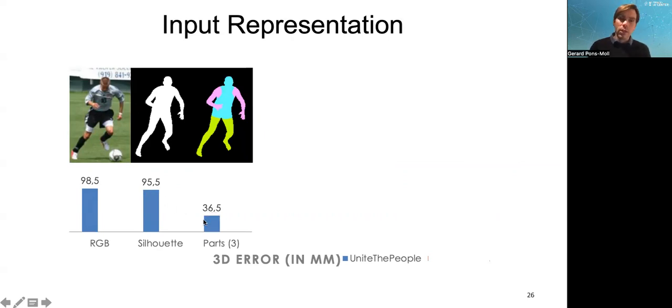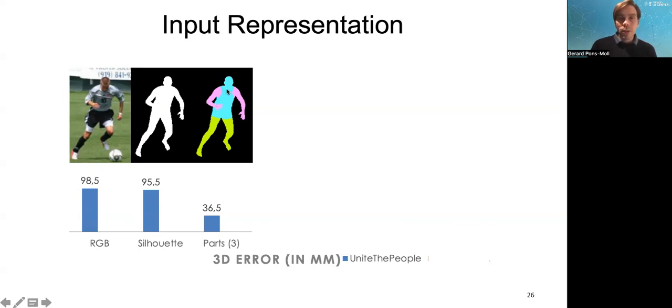So this error reduction is very significant, which is telling us that if you abstract away a lot of information, then you can gain some accuracy because you will generalize better, because the test set and the training set will look more similar. But you can go too far, right? You removed too much information in the silhouette, and therefore the regressor does not work as well as it could.